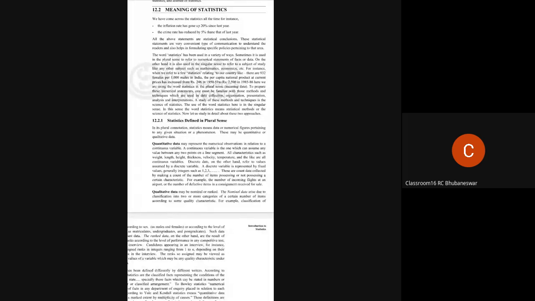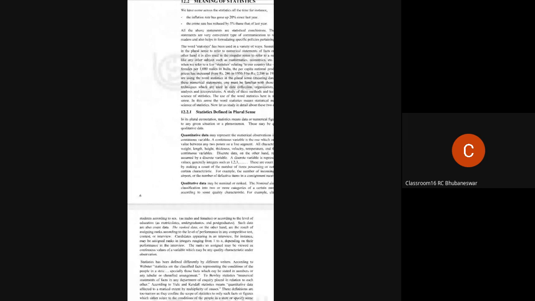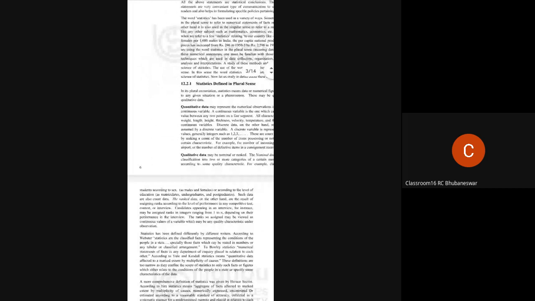But qualitative data is where you cannot measure one's quality, that means who is intelligent to which extent or who is more beautiful, you cannot measure that. But here it can be measured how many persons are blind, or any quality. That can be marked.